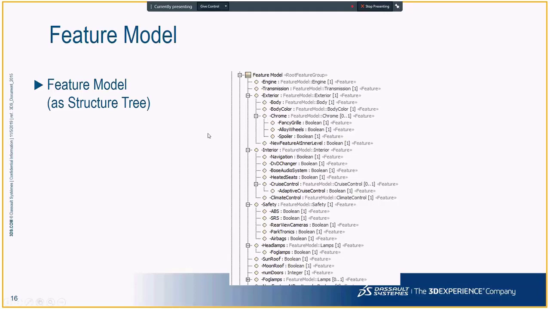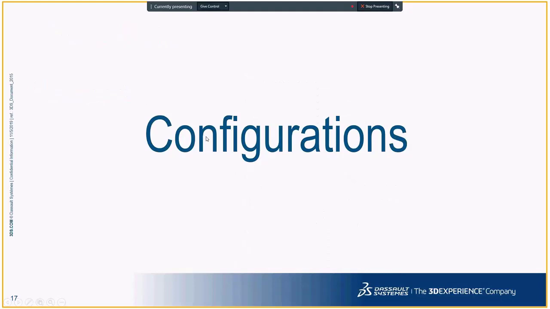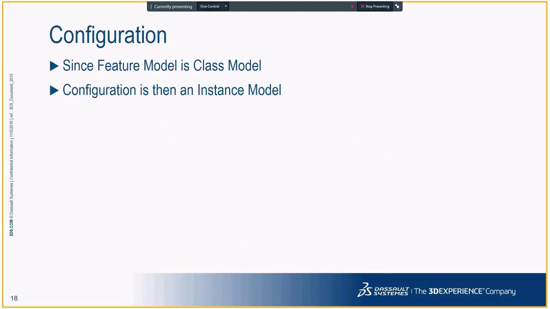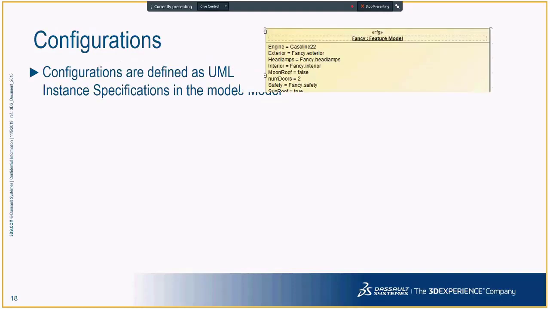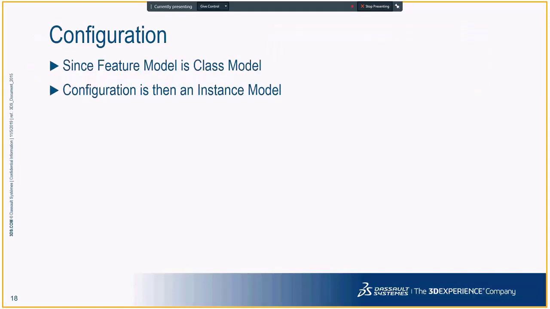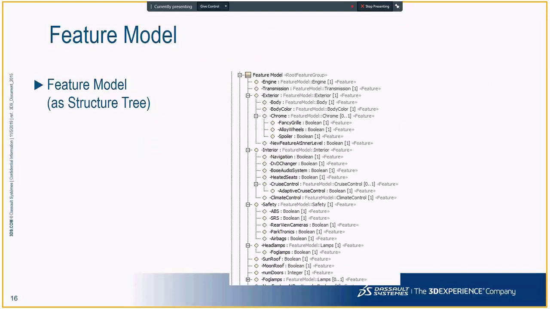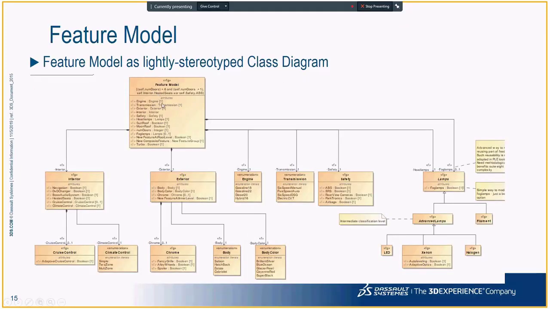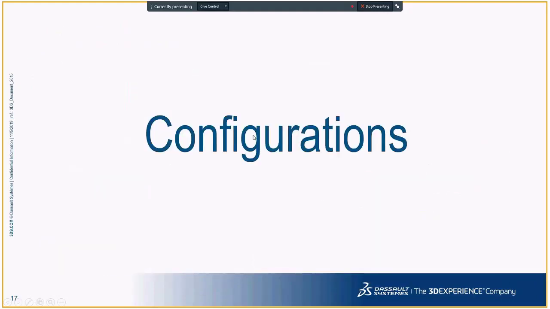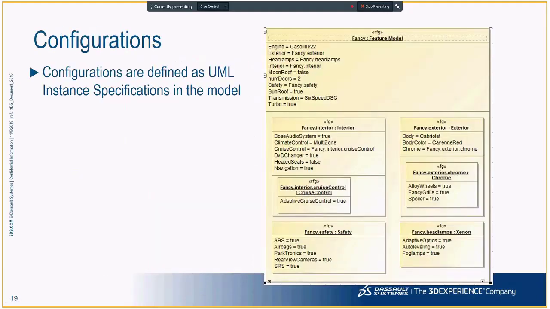Okay, so once you have a feature model, you may want to define configurations. And as I said, configurations are implemented in this MBPLE approach as an instance model. So the feature model is a class model, configurations are an instance model. Basically, you take your root feature group class and make an instance of that, and that would be your configuration.